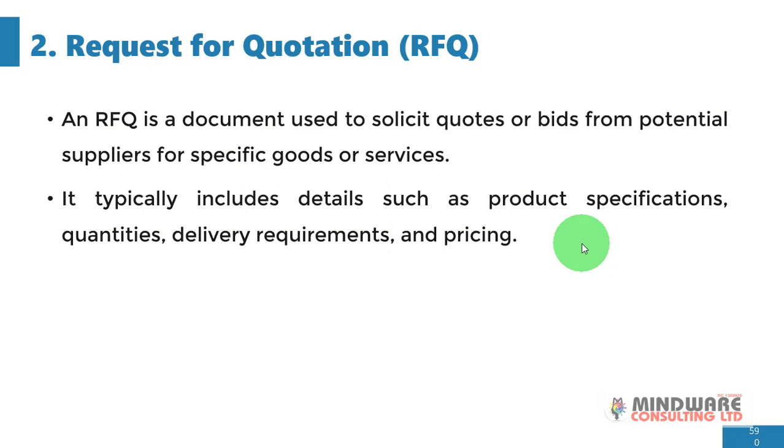The role of the project manager is to send the request, the document requesting that the vendor or the supplier sends this information: product specification, quantities, delivery requirements, and pricing. You're requesting them to send this information to the project team or the project organization.